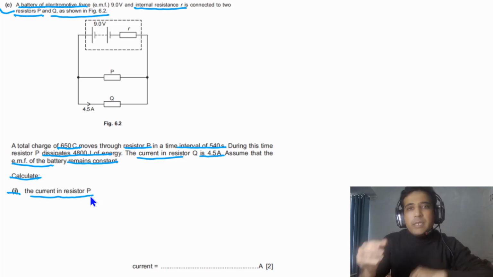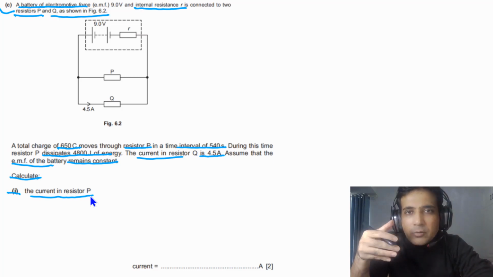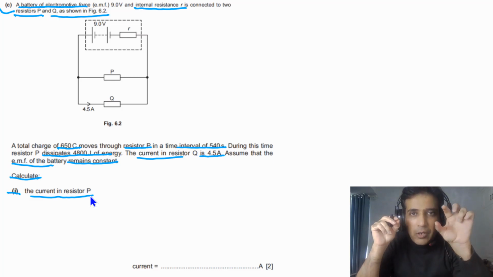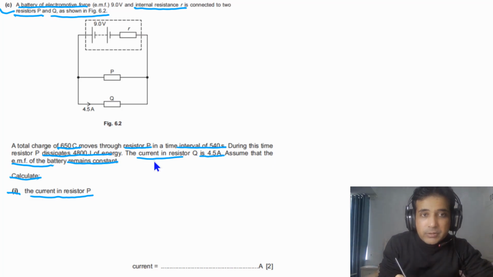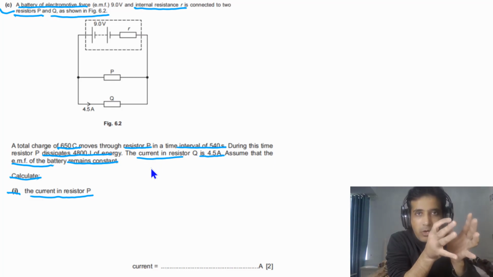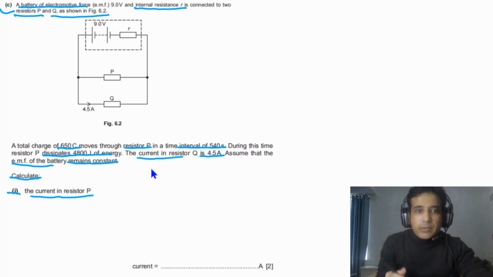Current in resistor P. Current is not simply rate of flow of charge. The better way to define current is the amount of charge passing through a point per unit time. So in this case, it is given to you the amount of charge passing through resistor P in given time. So you can calculate current.